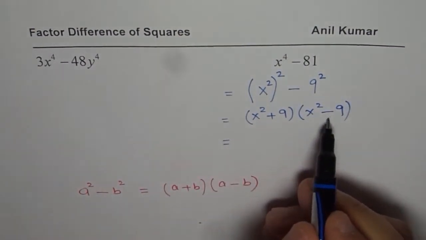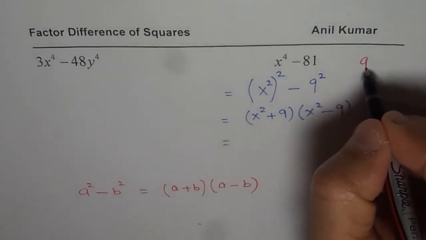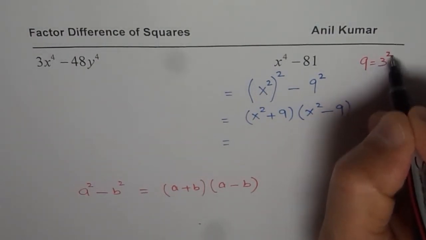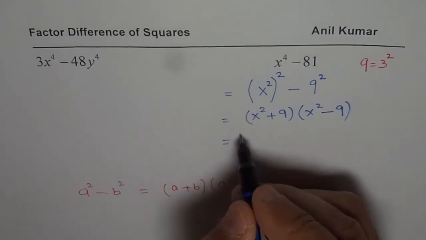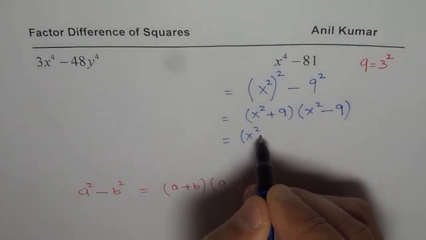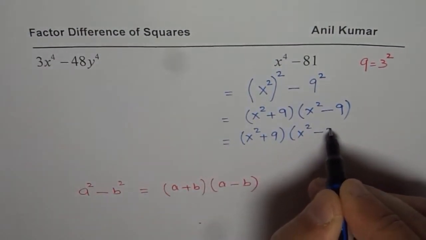Now, x squared minus 9 is also difference of squares, since we can actually write 9 as equals to 3 square, right? So it becomes difference of squares. So, or let me introduce one more step here. So we could think like this: x squared plus 9 times x squared minus 3 squared.